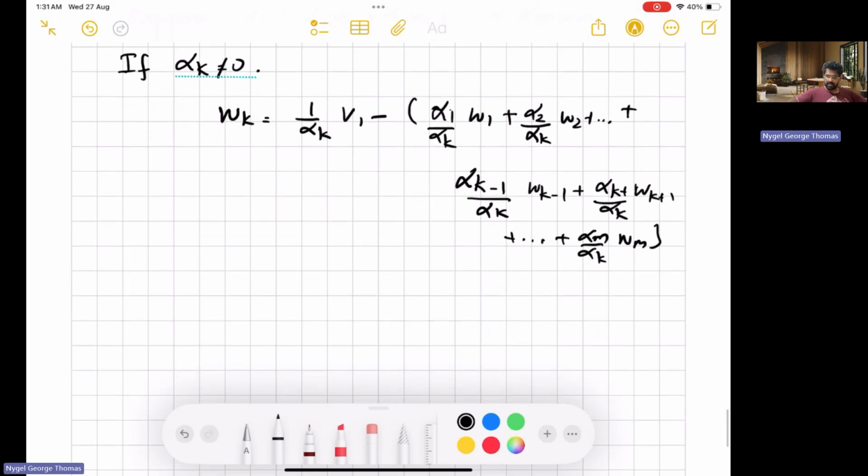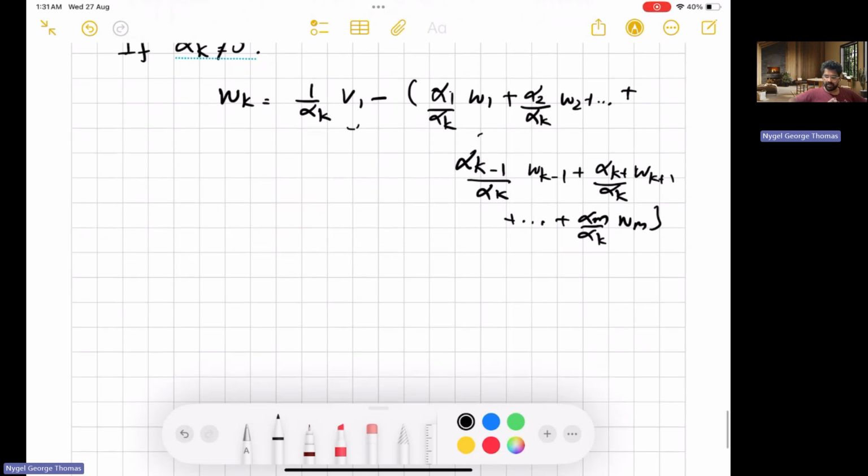So what does this say? We have k minus 1 vectors here, we have m minus k vectors here, and we have another vector v1. So these are w1, w2, etc. up to wk minus 1, wk plus 1, etc. wm, and we have another vector v1.